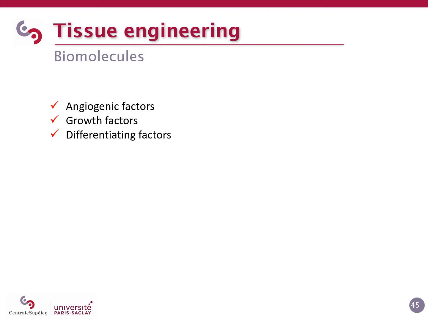Quickly, the last two technological fields. In tissue engineering, families of biological molecules play a crucial role, such as angiogenic factors to promote angiogenesis. Angiogenesis is a process of growing new blood vessels from pre-existing vessels.